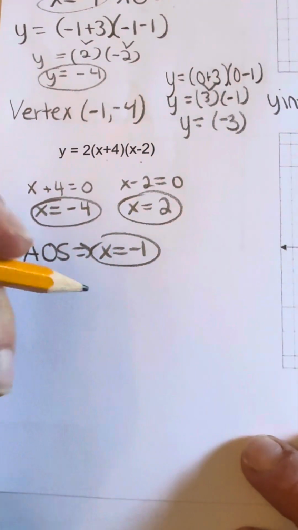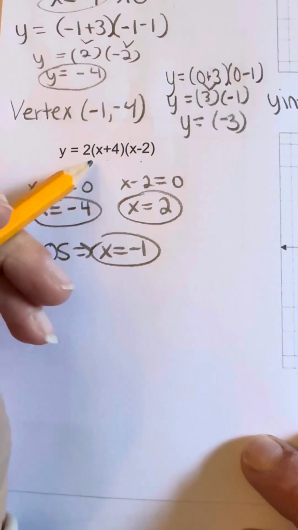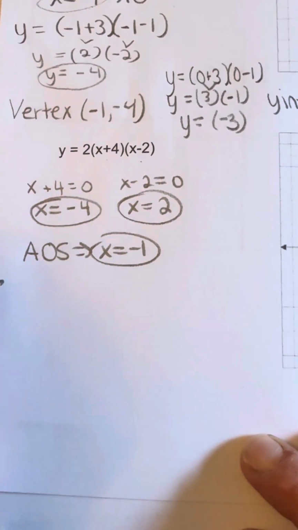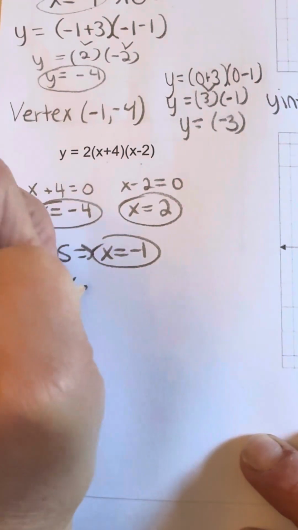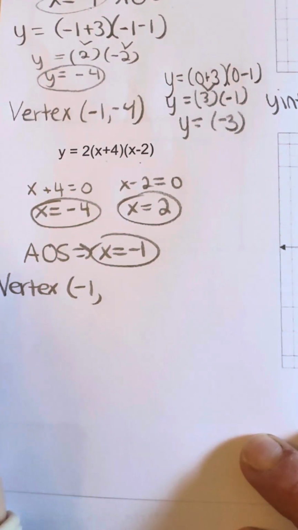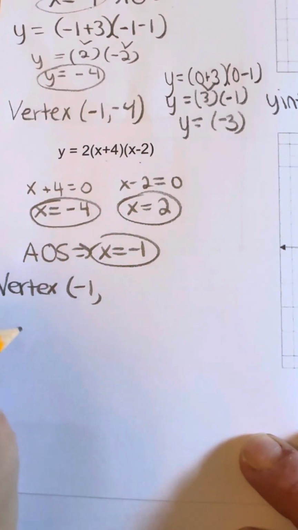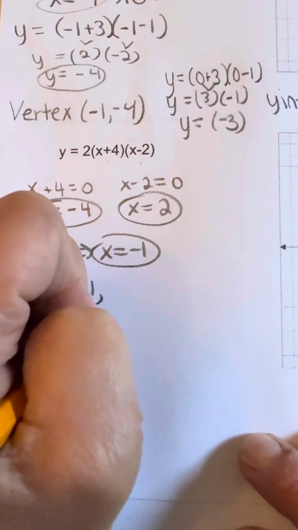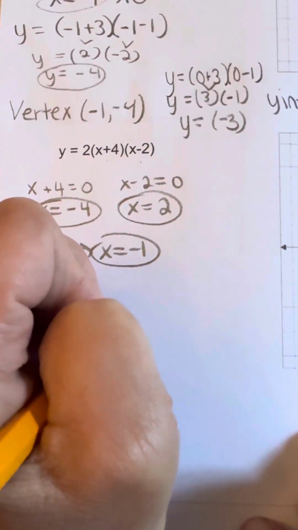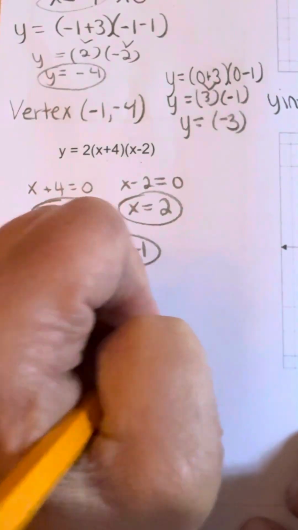And then we're going to take that number -1, and we're going to plug it into this equation right here to solve for the vertex y-coordinate. So we already know the -1 is the x-coordinate. We're going to figure out what the y is by just popping that in and solving using that number. So 2 stays 2, -1 plus 4, and over here is going to be a -1 again, -2.